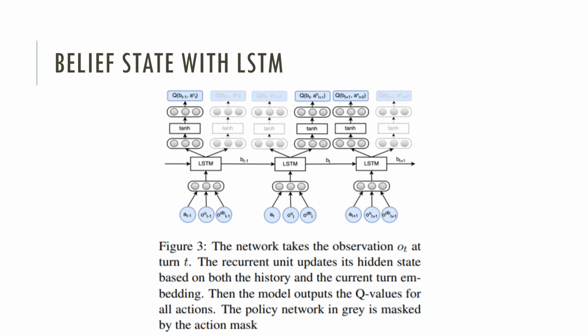At each time step, the long short-term memory network will take in several inputs, namely the previous action, the user observation, in other words, the user utterance, and the database observation. And it'll be taking in the previous belief from the previous time step. Now, the output will be fed into a deep Q network, which has one hidden layer and a tanh activation function.